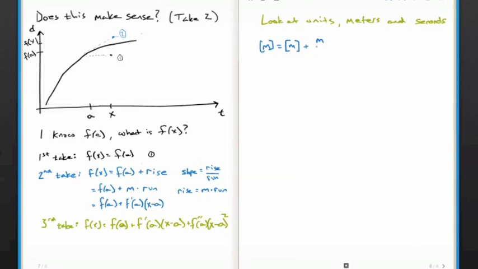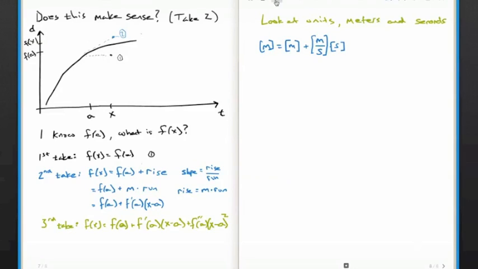So this becomes meters per second times my run, which was seconds, which equals meters again. So the units work out.